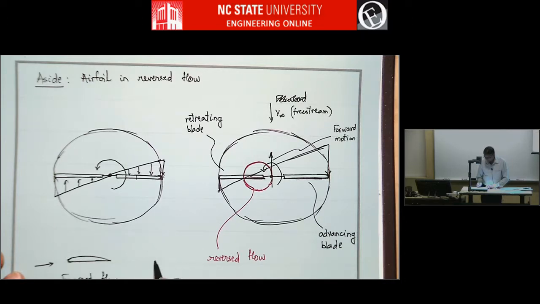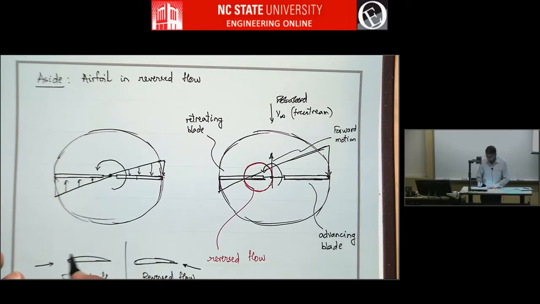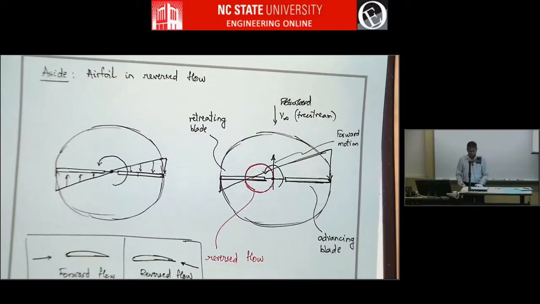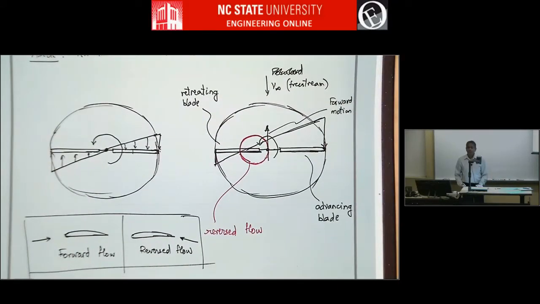And then in the reverse flow region, the airflow is actually going to come from trailing edge towards leading edge. But there's really nothing you can do about it. That's the way it is.